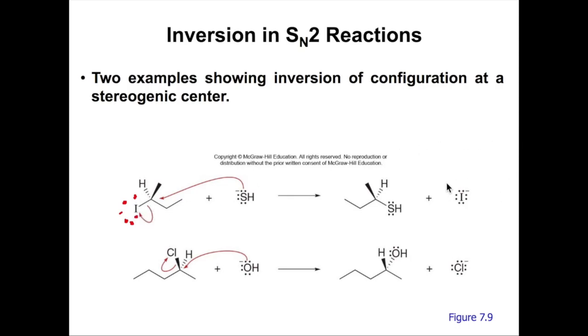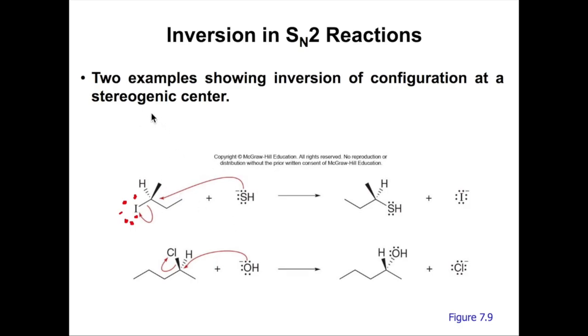That's why we end up with a minus. And the hydroxide attacks, kicking out the Cl. If the Cl was on a wedge here, the OH will be on the dash. And here, it stays in the plane, right? Because the iodine is in the plane, and so the SH is in the plane.